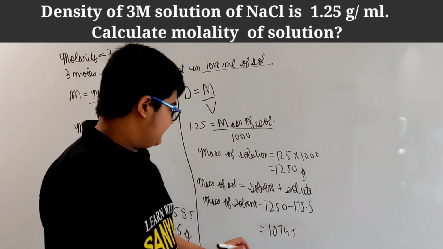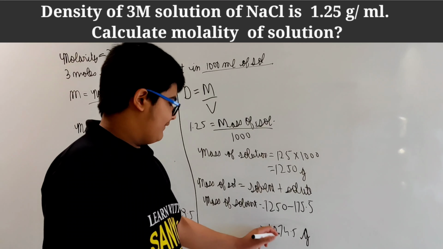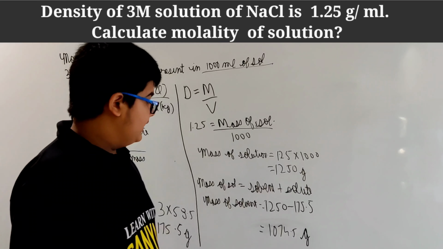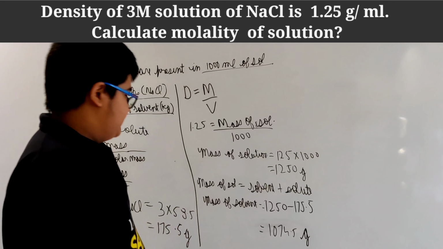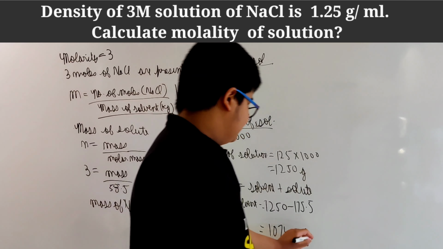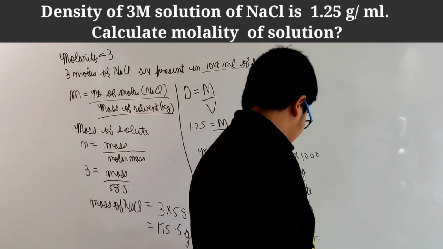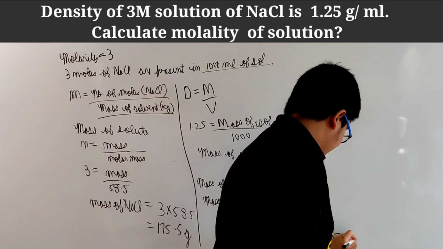So mass of solvent will become 1074.5 gram. But for the formula we have to convert it into kg. So just divide it by 1000 and this will come out to be 1.0745 kg.